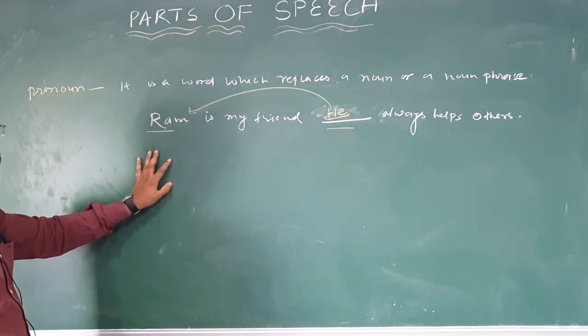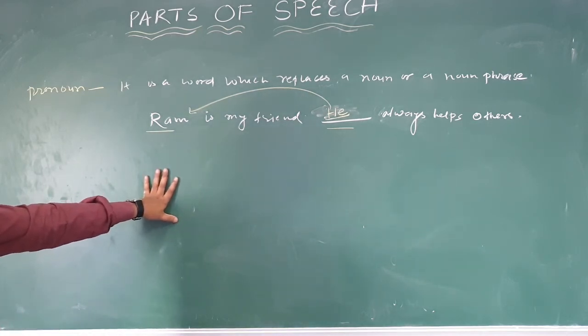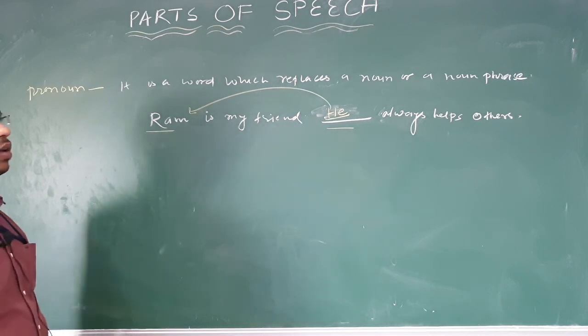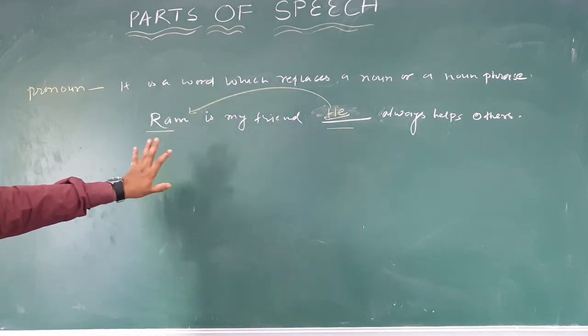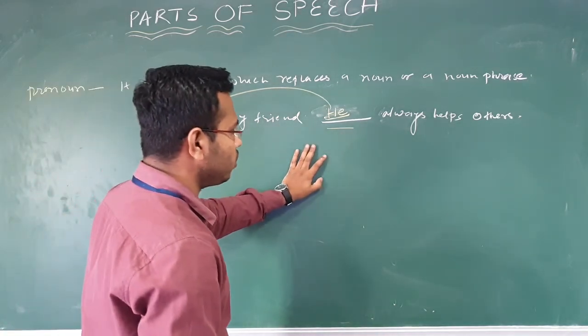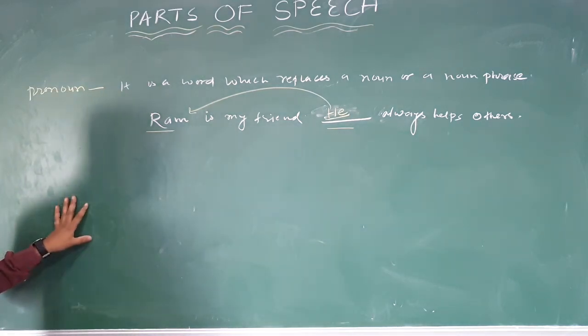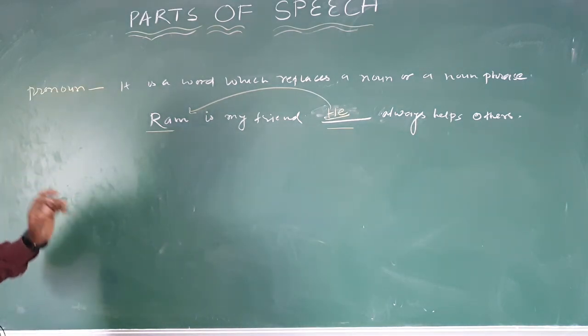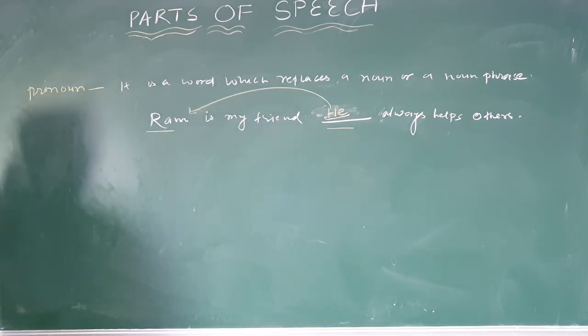And why do we use pronoun? To avoid the repetition of noun. Just like Ram, two times we were writing, so one time we erased and now we are using a pronoun. It gives our speech a better reflection. So it is a word which replaces a noun.